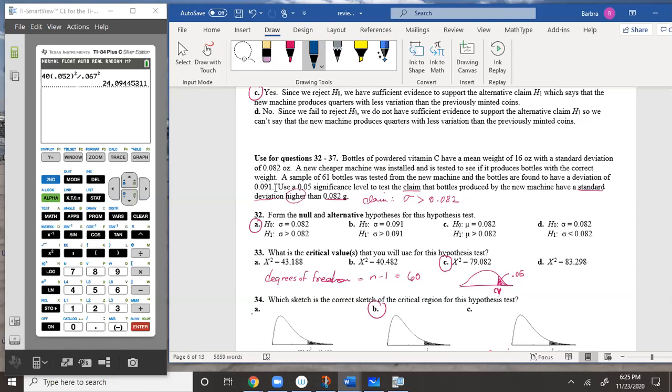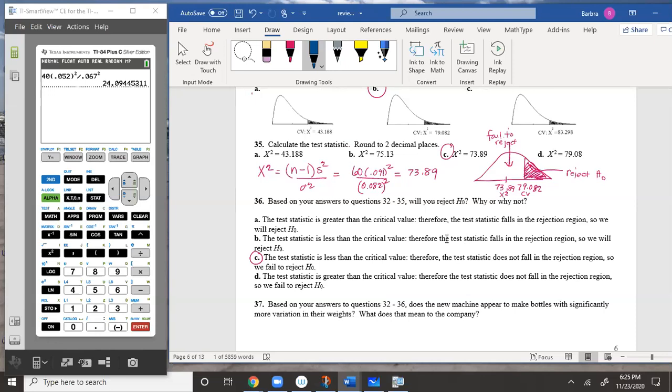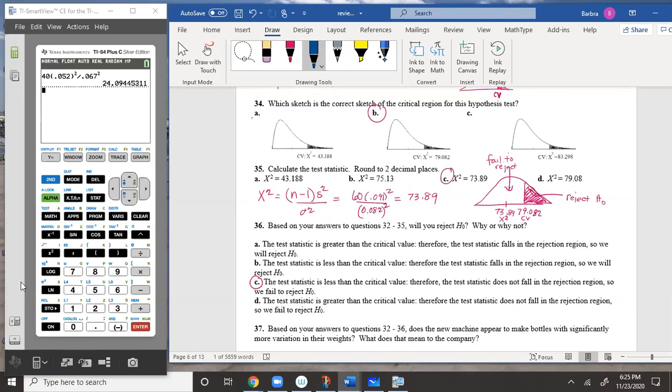There we go. So s is 0.091 and sigma is 0.082. We put this in our formula: 60 times 0.091 squared divided by 0.082 squared, and we get 73.89. And that's our test statistic.